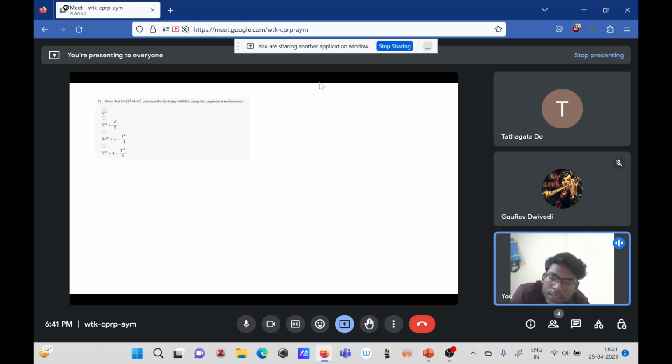So option C is correct, but I want the process to calculate it from scratch. Because if there are two options like that, then you will be in trouble. I don't want my students to learn those things. Half knowledge is dangerous.